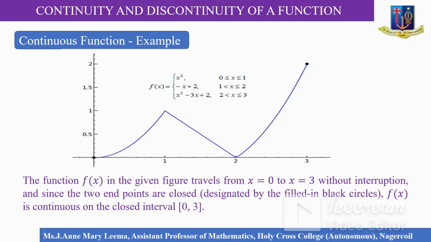The function f of x travels from x is equal to 0 to x is equal to 3 without any interruption. And since the two endpoints are closed, which are designated by the filled in black circles, f of x is continuous on the closed interval 0, 3.